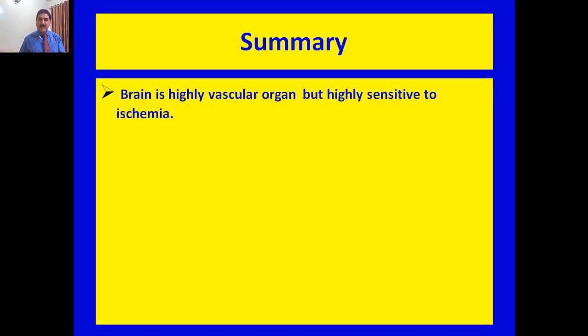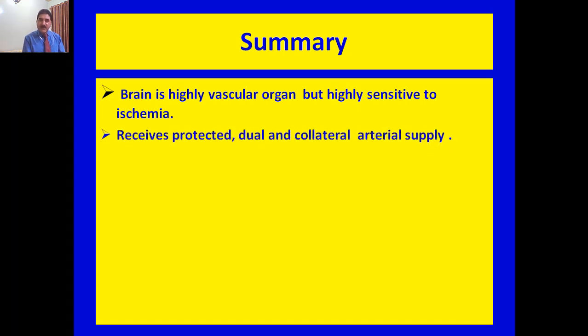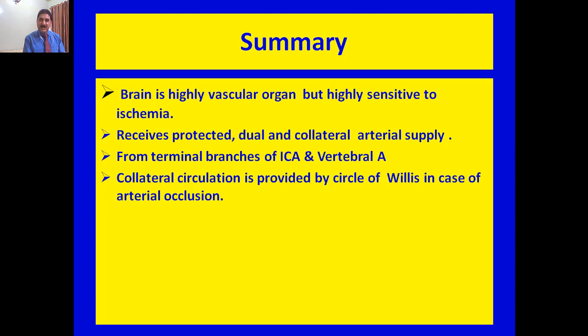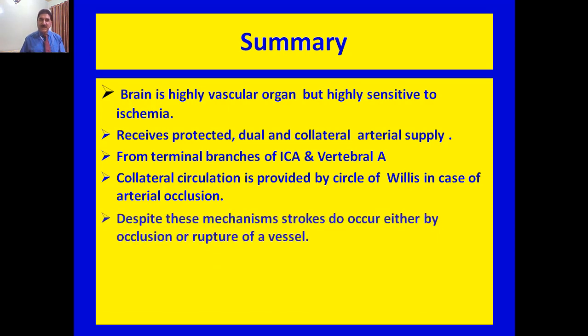Summary: the brain is a highly vascular organ but also highly sensitive to ischemia. It receives a protected dual and collateral arterial supply from terminal branches of the internal carotid and vertebral arteries. Collateral circulation is provided by the Circle of Willis in case of arterial occlusion.